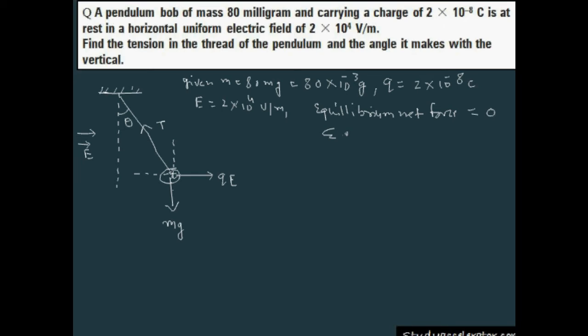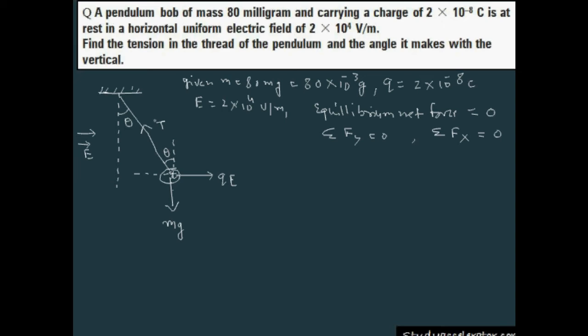It means that the net force on the y-axis will be 0, as well as the net force on the x-axis will also be 0. Because qE is in the x direction and mg is in the y direction, T is in the xy plane, this angle is theta, and this will also be theta.